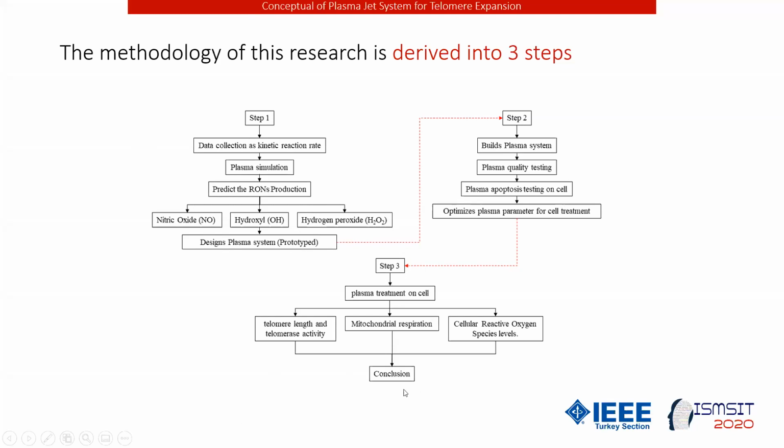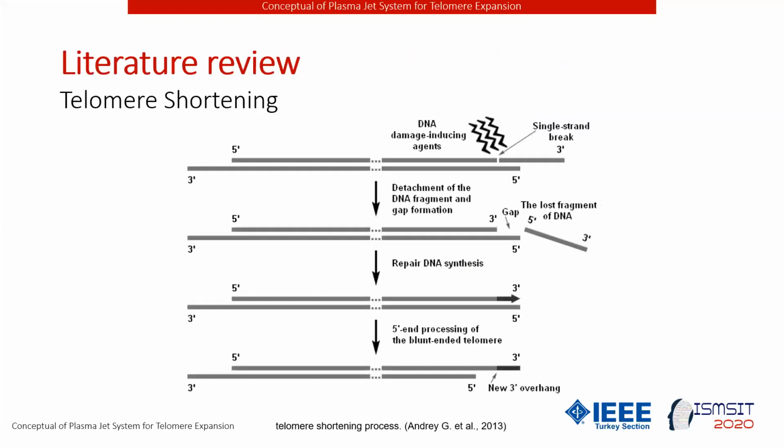The third step is that the final optimized plasma parameters will be used to treat the cell. The treated cell will be tested for telomere length, mitochondrial respiration, and the cellular ROS level in order to understand the cell phenomena with the assumption of telomere expansion through the plasma treatment.